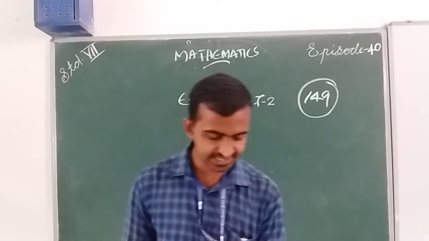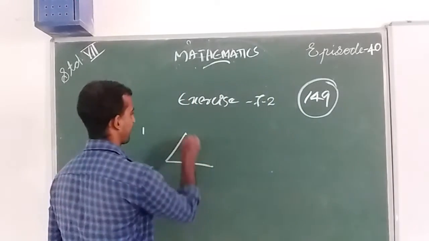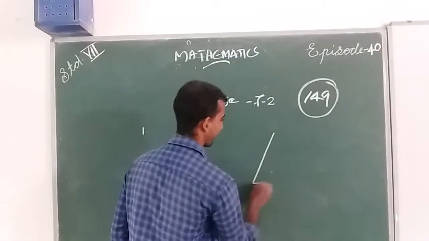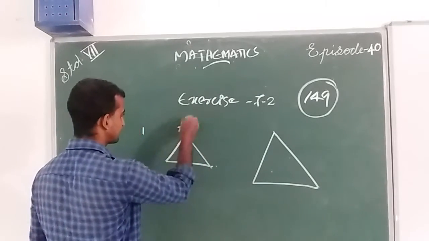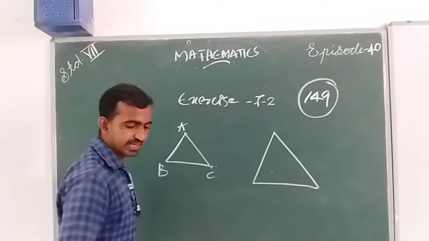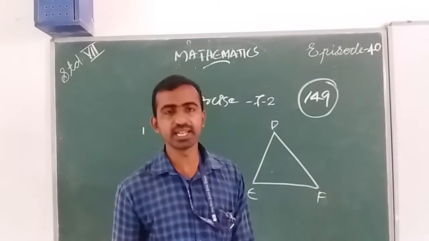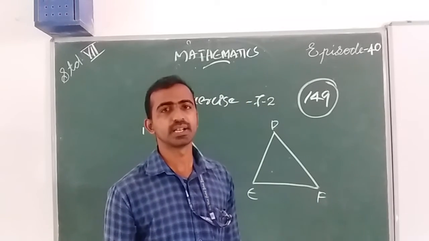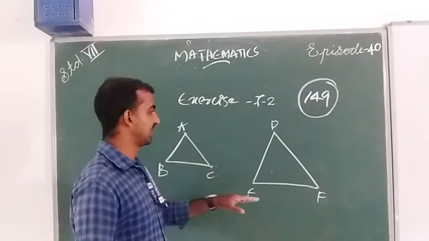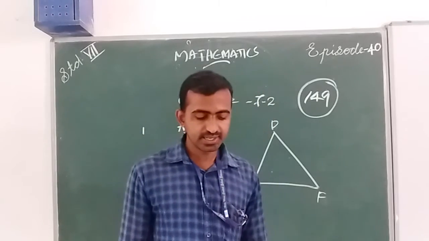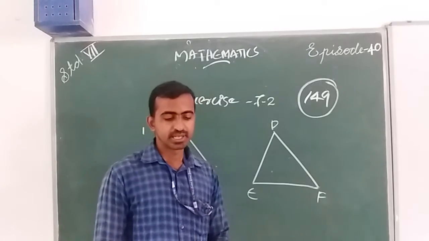Given that AC equal to AB, there are two triangles, ABC and DEF, and given that AC equal to DF.